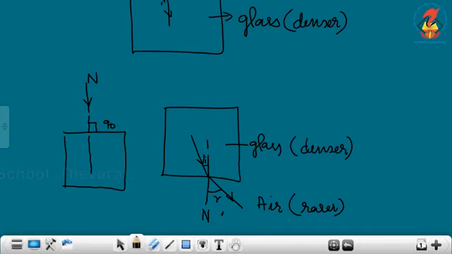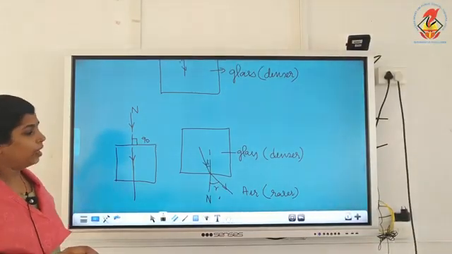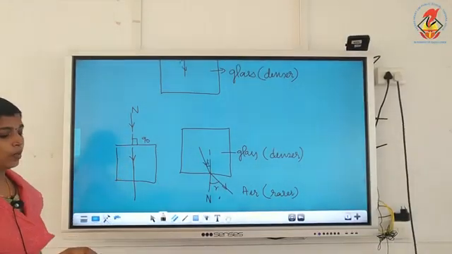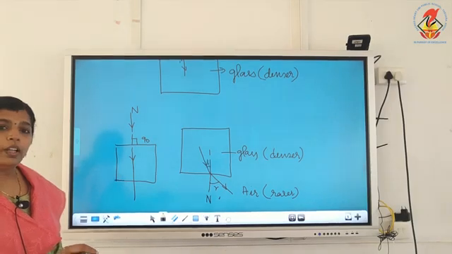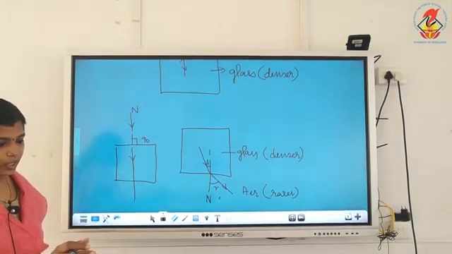It will not suffer any refraction, it will go straight, without any deviation. If the incident ray falls normally, or perpendicular, to the surface of the glass slab, there is no bending of the ray.